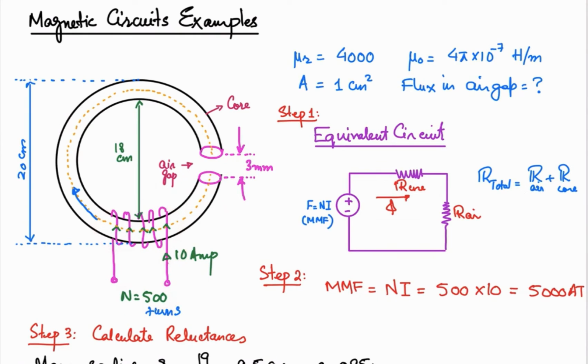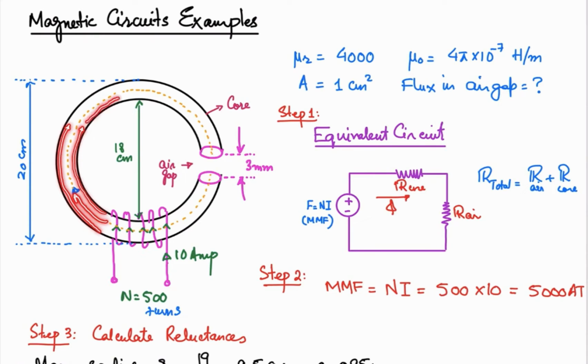For the analysis of magnetic circuits, we first assume linear operation, and secondly we assume that the magnetic lines of forces move at the mean distance. What do I mean by that? If you look at the flux in this structure, some of the magnetic lines of forces will be closer to the inner boundaries, and some will be moving at the outer boundaries.